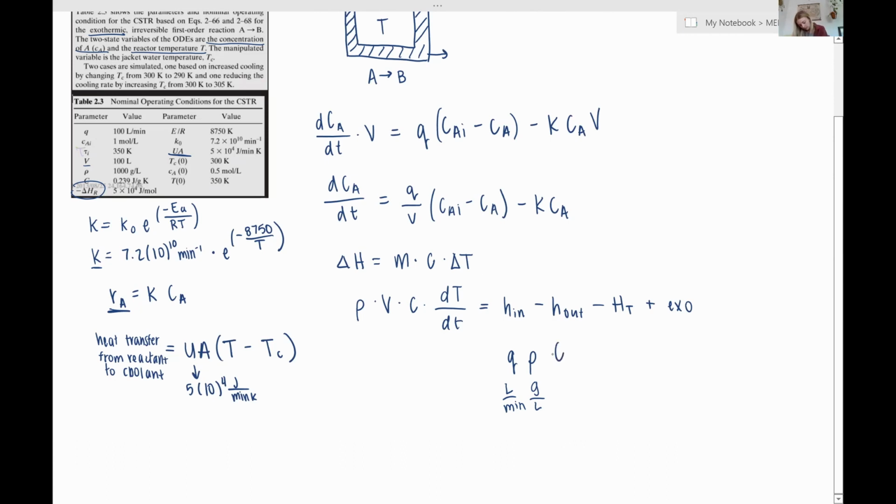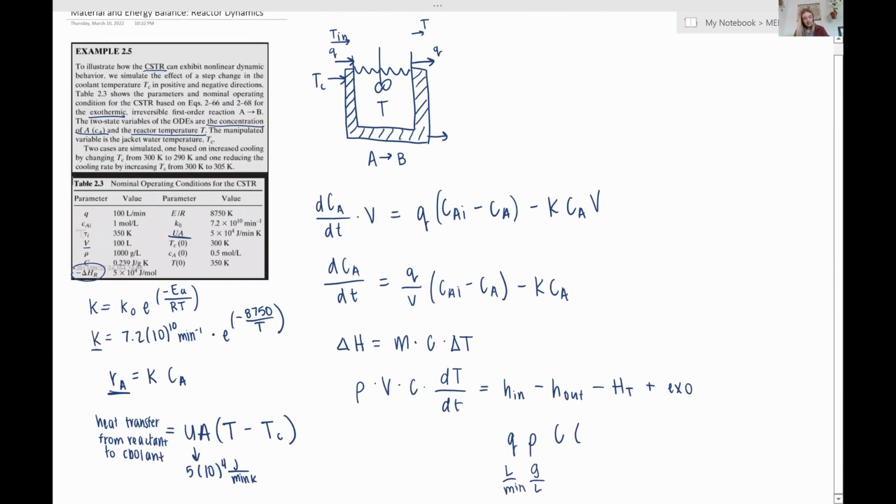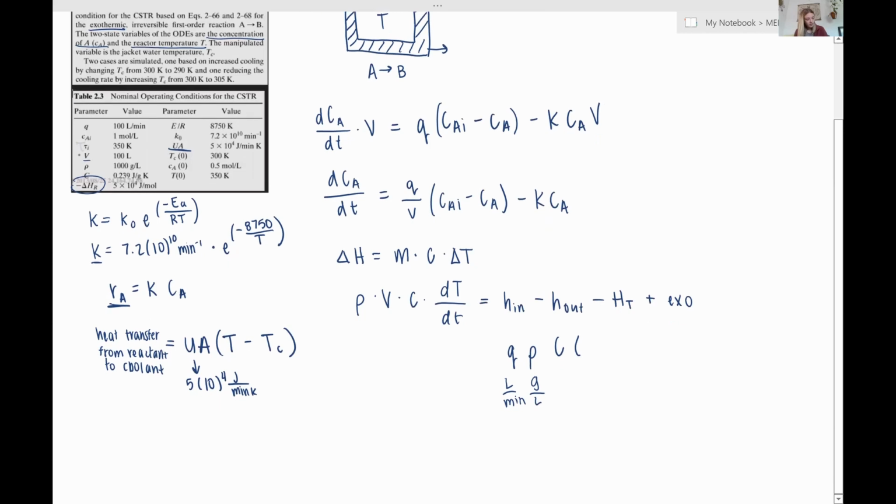So C, it's just going to be C. Change in temperature for what's going in is going to be our T flowing in minus our temperature inside the tank. And we're given our temperature going in over here in our parameters. So that's going to be Ti minus temperature inside the tank. And again, T going out is going to be the same as the temperature inside the tank because we have a continuous stirred tank reactor.